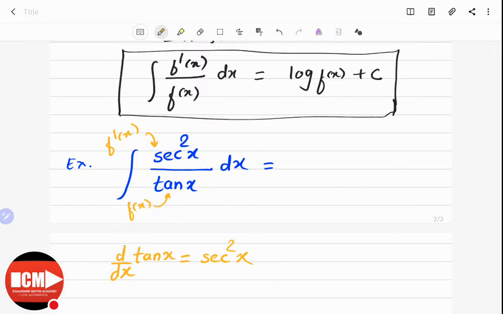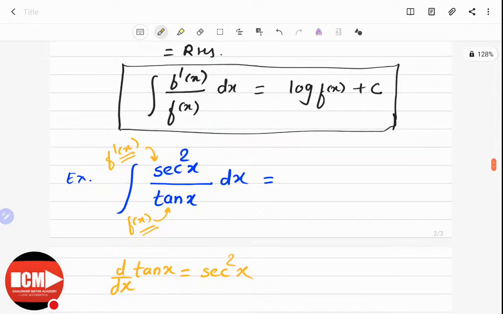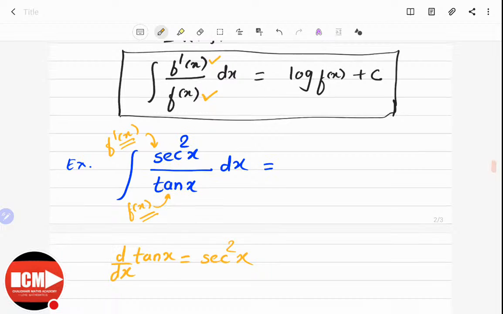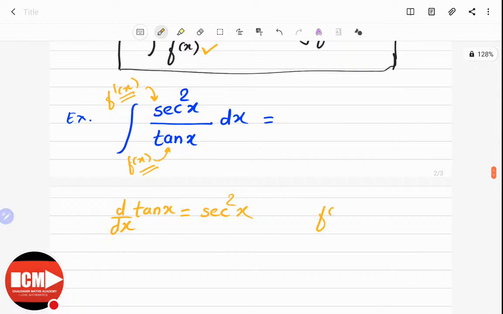In simple language, the function is present in the denominator and its derivative is present in the numerator. So this is exactly similar to this corollary, where the function is present in the denominator and its derivative is present in the numerator.